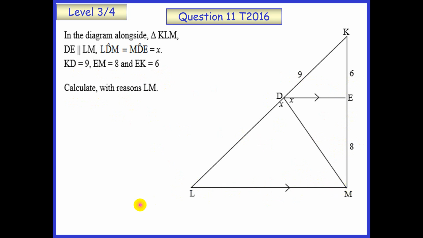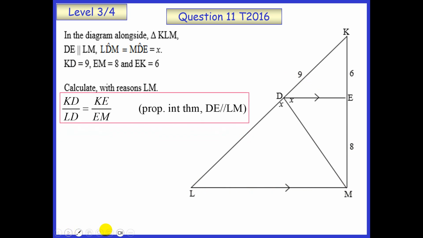So I'm going to start with ratio and proportion. From ratio and proportion, I know that KD over LD would be equal to KE over EM. So we're going to put that down in terms of the given sides. We can now say that KD is 9.